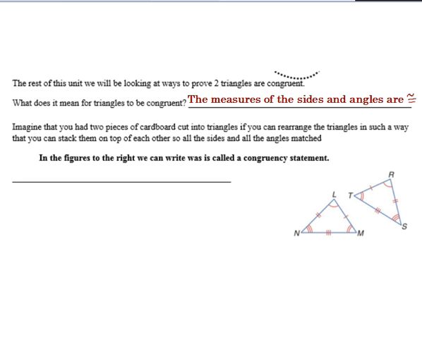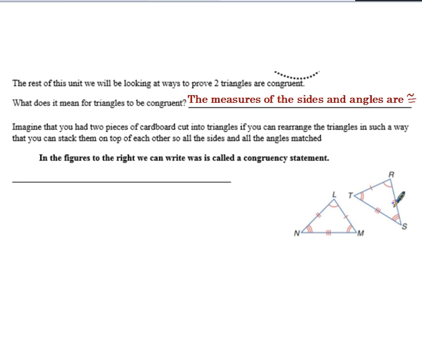When we figure out how the triangles match, we can write what is called a congruency statement. Basically saying triangle blah is congruent to triangle blah. So in this example here, everything on the figure is marked. These little arches here signify angles being congruent, and then the little tick marks here indicate sides being congruent.